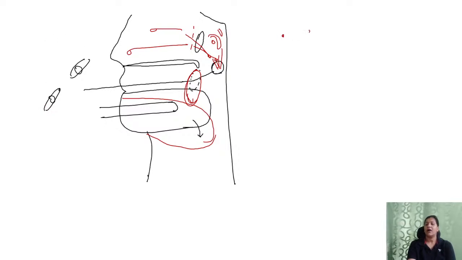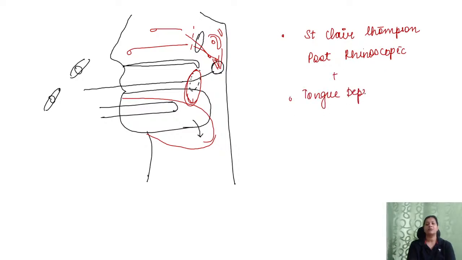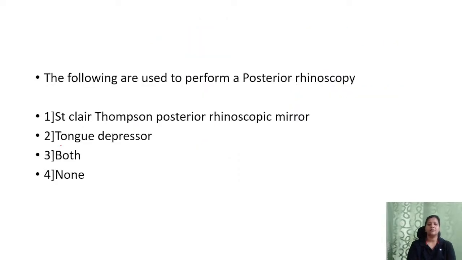So you will require a St. Clair Thompson posterior rhinoscopic mirror and you will also require a tongue depressor. So both of them are required for doing this posterior rhinoscopy. I hope it's clear to all of you. So the answer for this question is both. You require St. Clair Thompson posterior rhinoscopic mirror and tongue depressor.